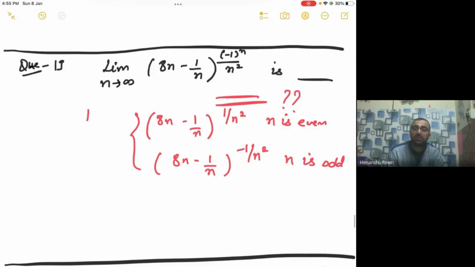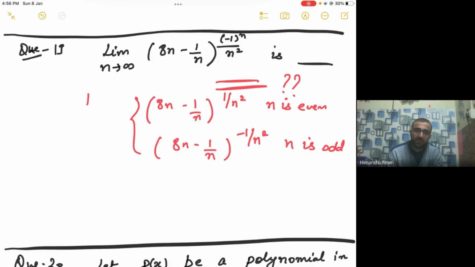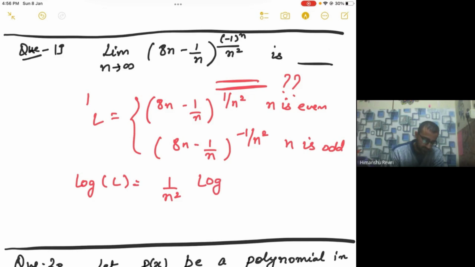Then assume this is L, then take the log on both sides. Then find the limit of this. After solving this, you will get the limit of this is 0. So this implies that L will tend to 1.